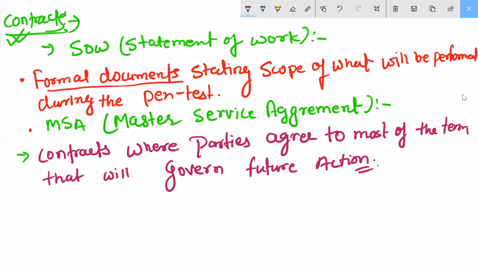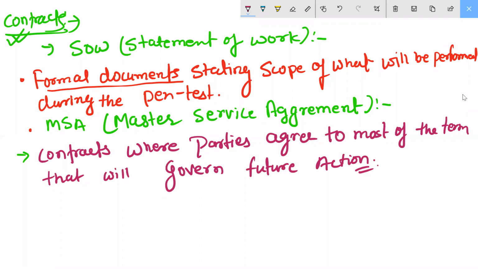Inside those contracts, it is also stated that if you purchase some devices from third party vendors, like a firewall, every organization has a firewall, inside your office, companies, and universities also. If you go there, you will check it. That firewall comes from a third party or vendor, and they say that if some problem happens, my team will be there, and you do not need to hire a third party.